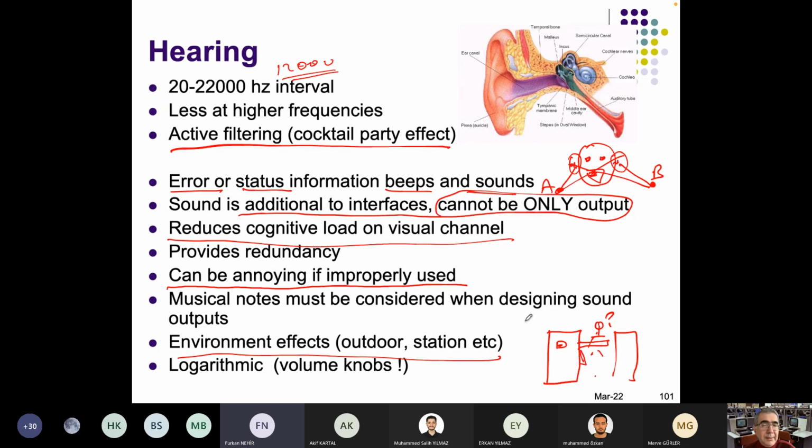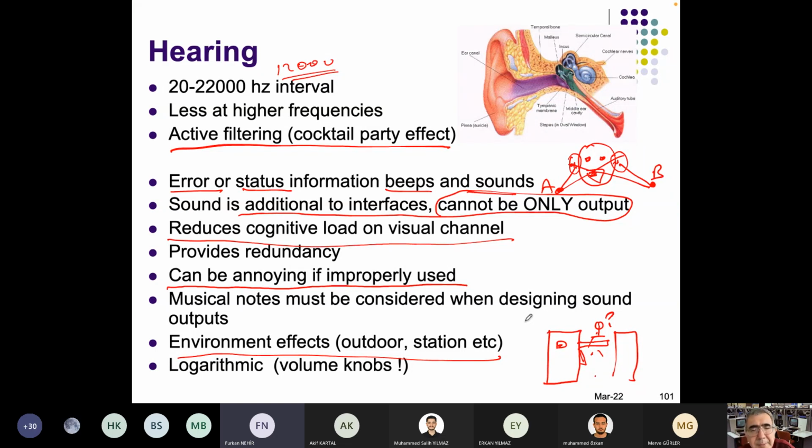Okay, then similar to vision, the perception is logarithmic, meaning that in a silent environment, differences can be measured much better. The same amount of difference can be perceived much better than in a noisy environment with higher values.